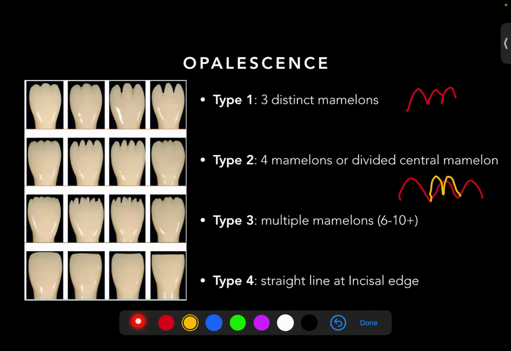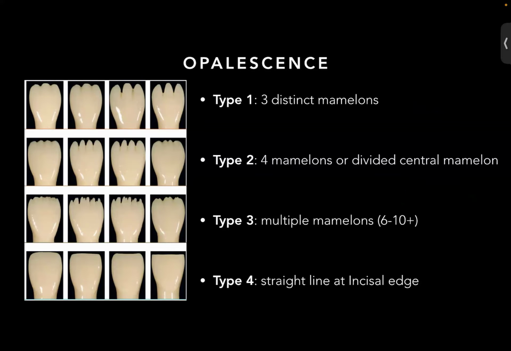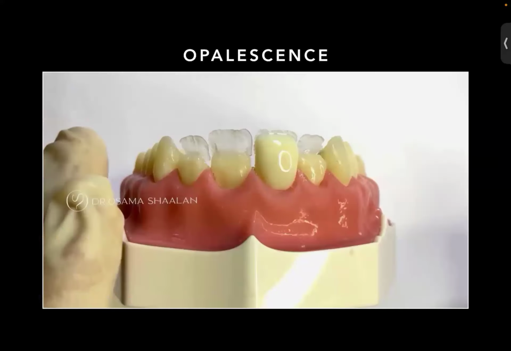Type 3 is multiple mamelons, and type 4 is one straight line. All right. Now, this is a little bit of a theory part, but I'm just mentioning this because you're going to look at what type of opalescence your patient has on the natural tooth, and according to that, you're going to rebuild this.